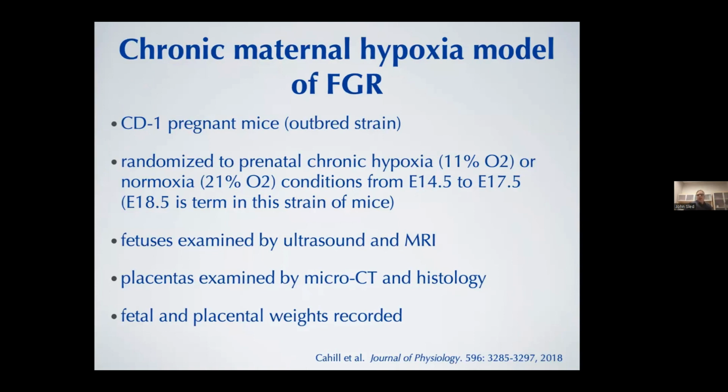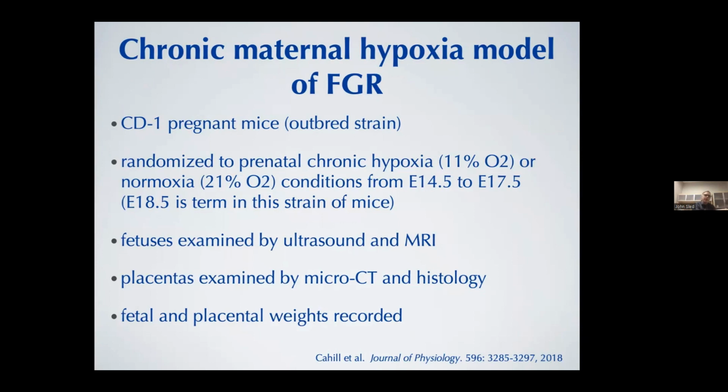So continuing with the idea that it would be interesting to look at hypoxia, we did an experiment where we raised pregnant mice in a hypoxic environment. So in this case, 11% oxygen. And we exposed the mice from 14.5 days of gestation to 17.5. So in this strain of mice, term would be 18.5.